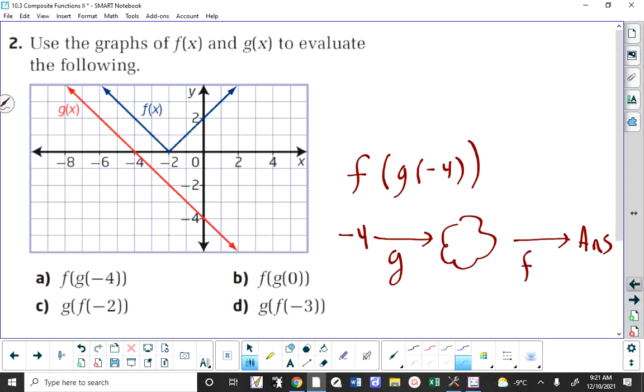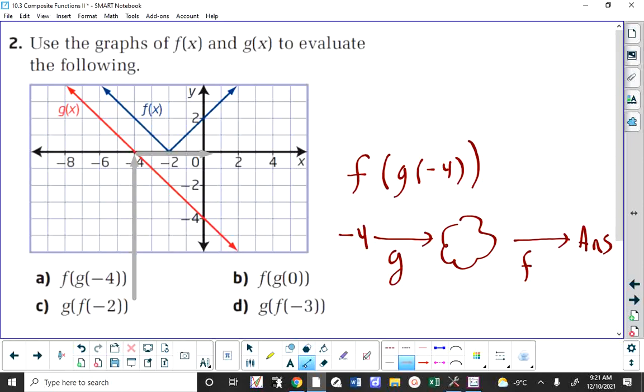So negative 4 is an input. There's negative 4. I want to look at the output on g. Well, the output on g is 0 for a y coordinate. When x is negative 4, the y coordinate on g, the output on g is 0.